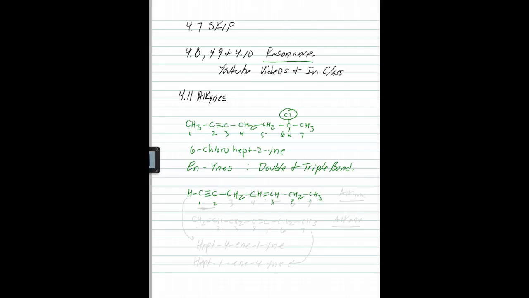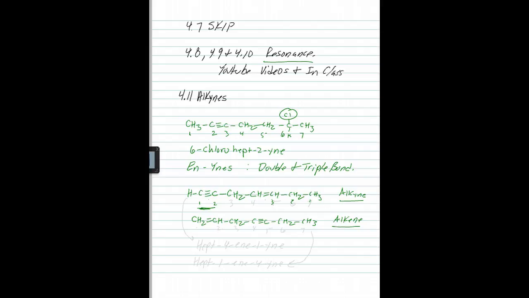So my double bond starts on carbon 3, my triple bond starts on carbon 1, so in this case the triple bond gets the priority. If it was the other way around, if the double bond was at this end, and you had CH2, C, triple bond, CH2, CH3, this time your double bond gets priority. So in this case, the alkyne gets priority. In this case, your alkene gets the priority.